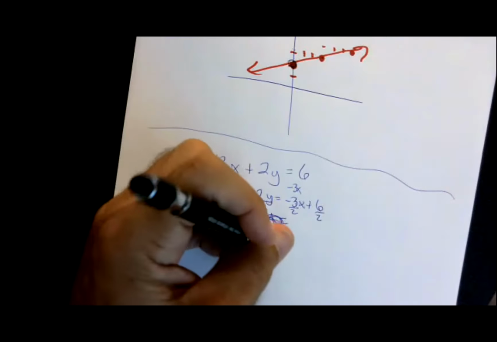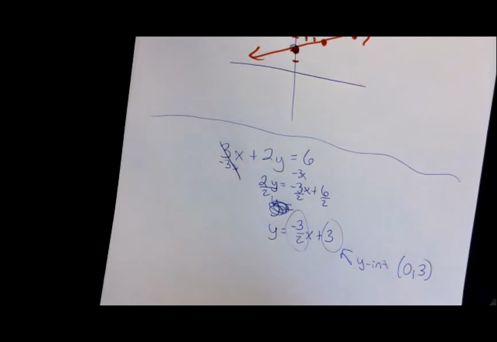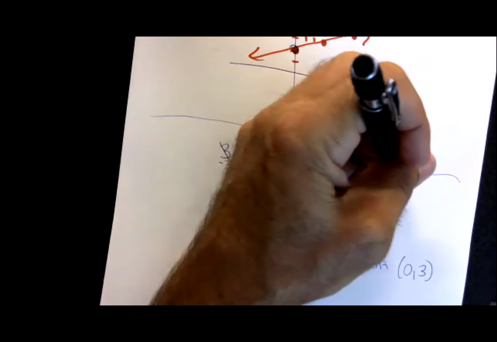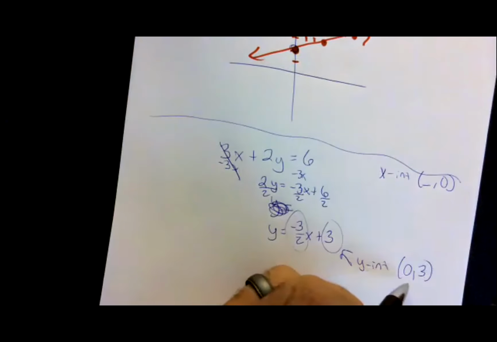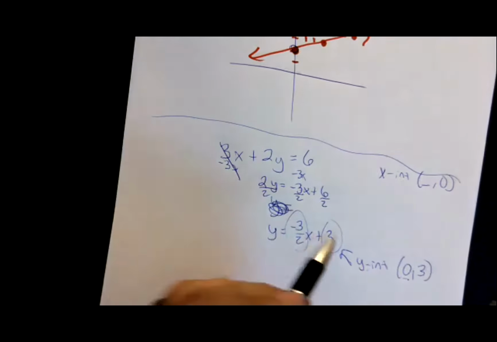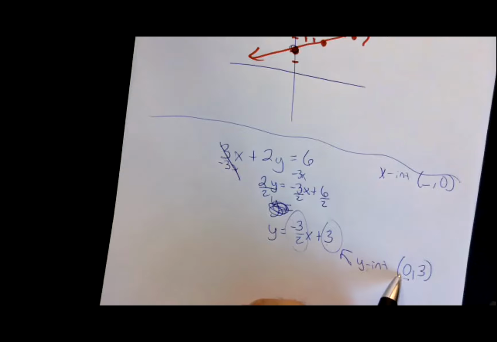Your y-intercept is always 0, comma, wherever you're going to cross the y-axis. Your x-intercept is always where you cross the x-axis, comma, 0. So your x-intercept is always something, comma, 0. Your y-intercept is always 0, comma, something. So anyway, this +3 means we're going to cross at the point 0, 3.